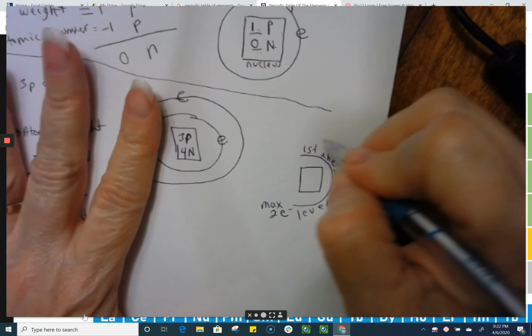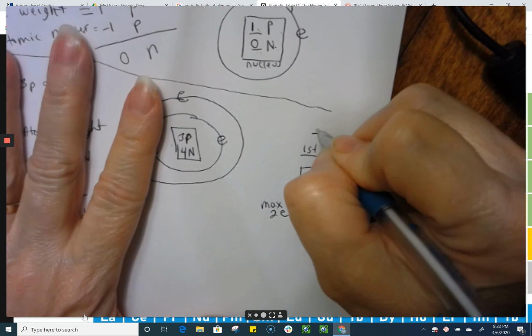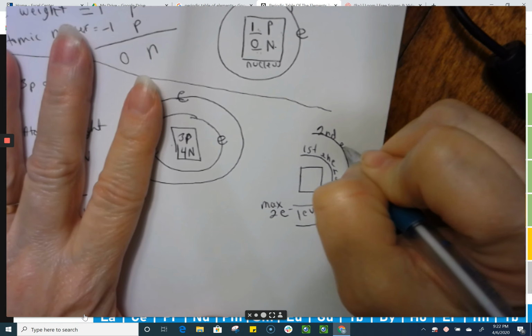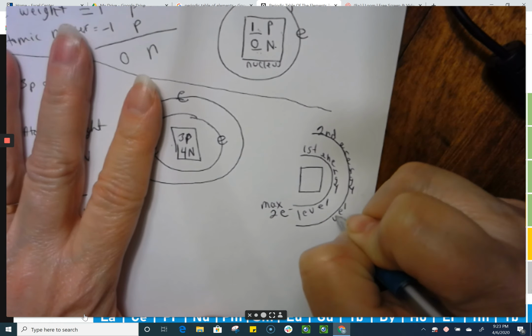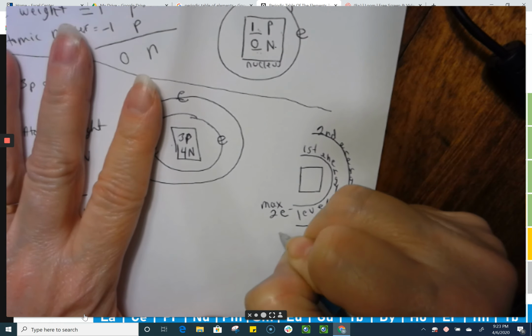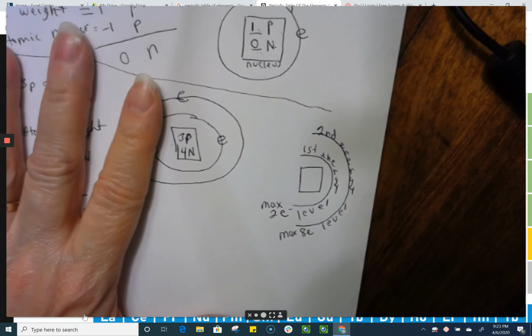Okay, the next level out, you figured it out, is the second energy level, and it maxes out with 8 electrons.